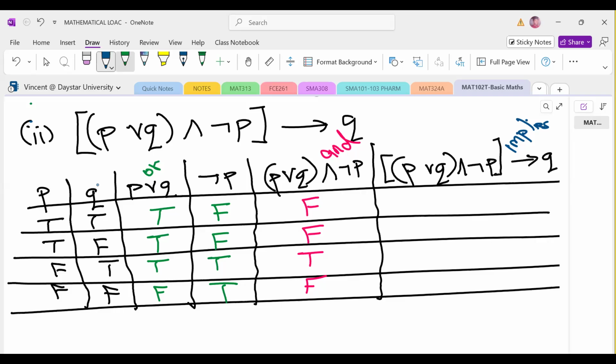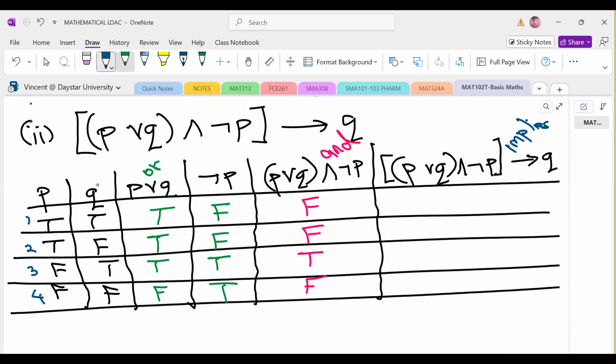Now in this table of ours, if I call this row 1, row 2, row 3, row 4, which row has a possibility of having an F? I'm not saying that's the final answer, but which is a possibility? Number 3, because number 3 is the one with T here, right? But now let's look at the arrow from T, it goes to which value? It goes to a true.